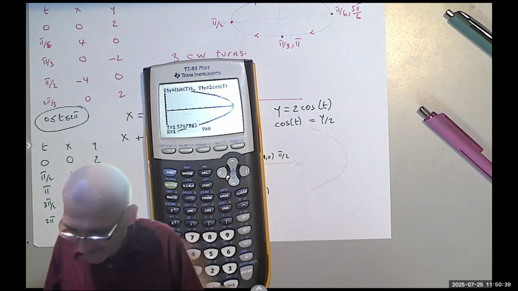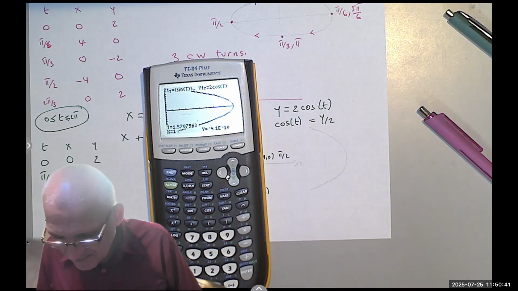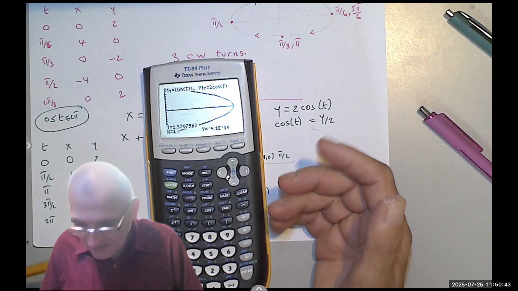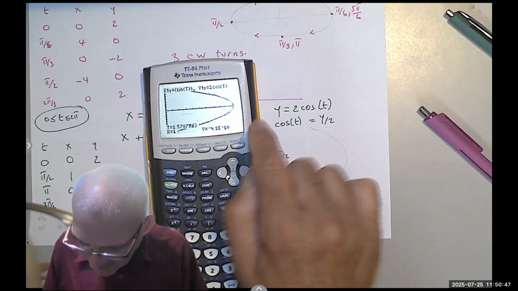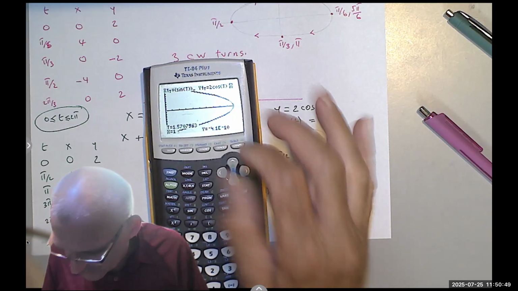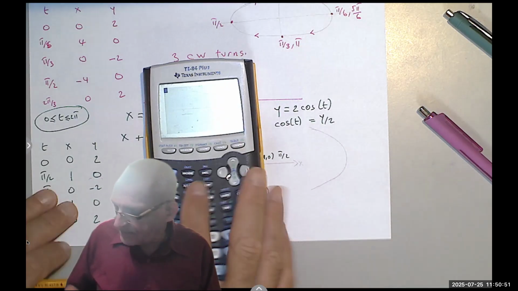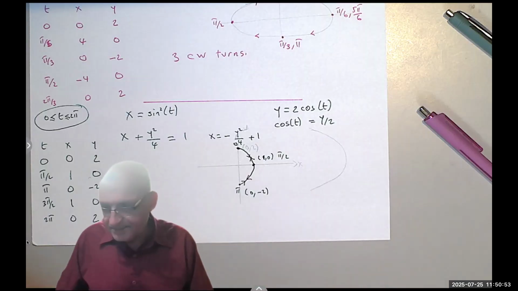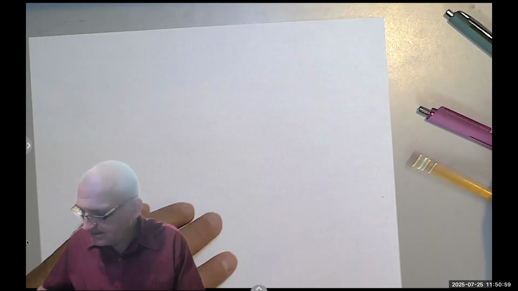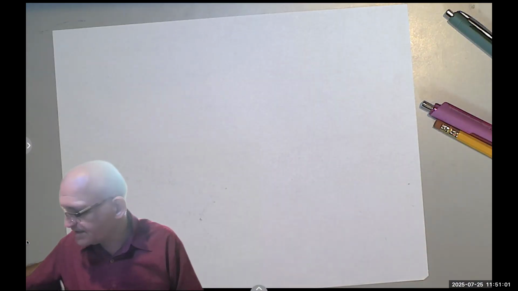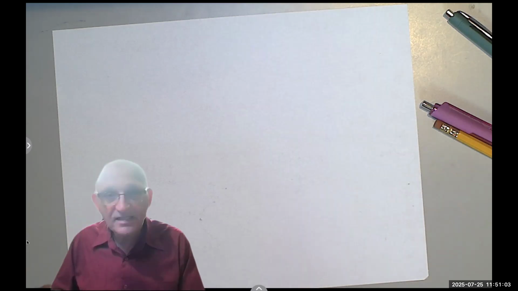So you can trace if you want, but again, you can have the table, you can have specific values, and so on and so forth. But again, I think it's clear what happened here. Let's take maybe one or two more examples and we call it a day.